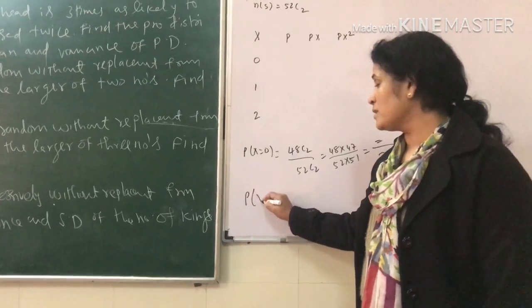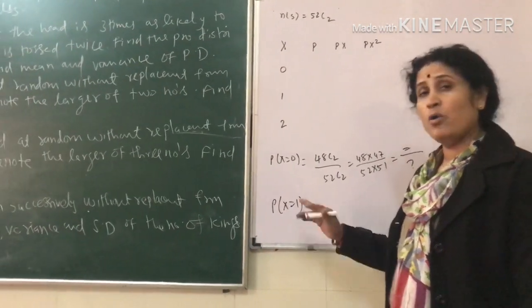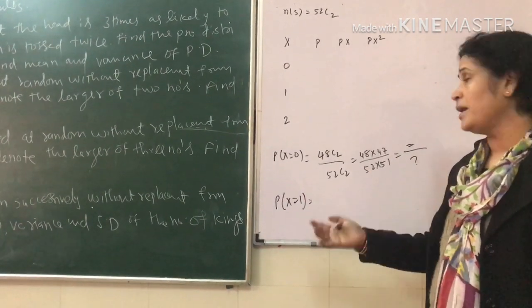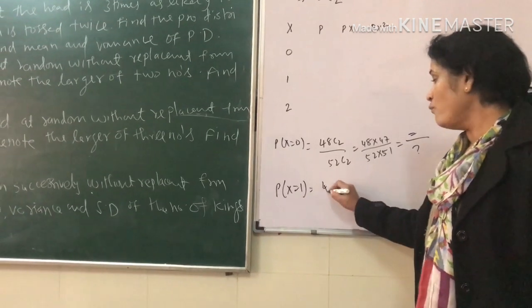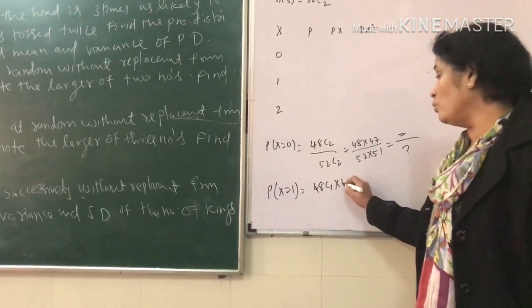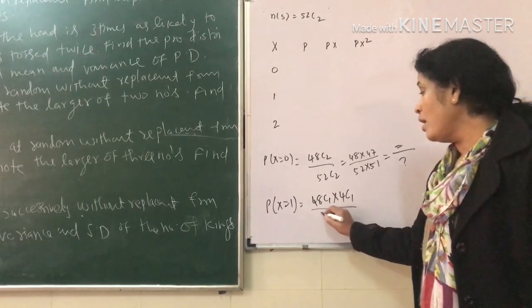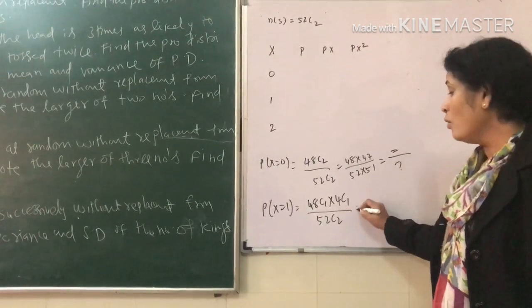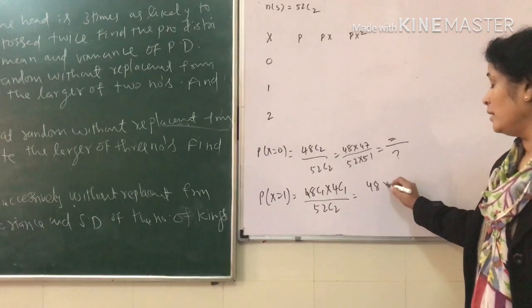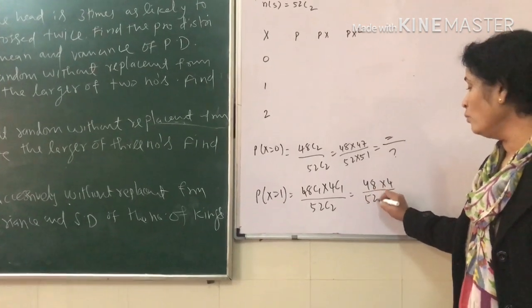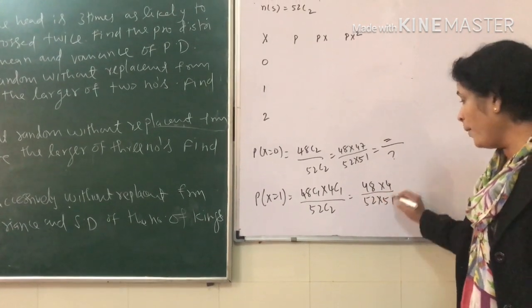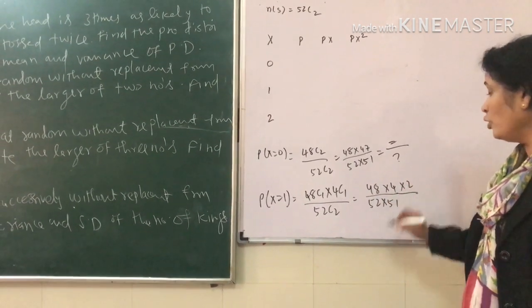Then probability of x is equal to 1 means out of 2 cards, 1 is a king and another one is a non-king. So 48C1 into 4C1 out of 52C2. What I told you, this is 48 into 4 upon 52 into 51 upon 1 into 2, take it to the numerator.